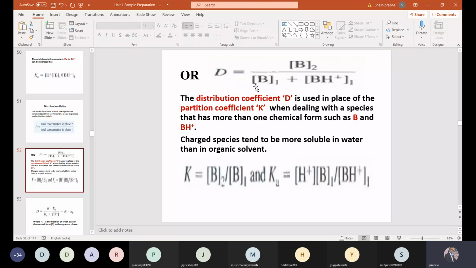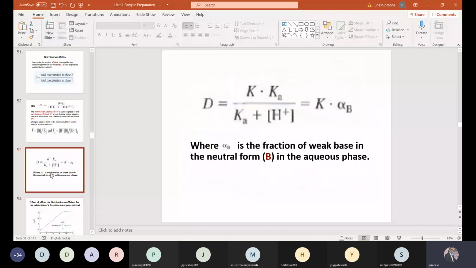In the denominator we express concentrations for all the species in the aqueous phase, whereas in the numerator we express all the species in the organic phase. So we arrived at an expression for distribution which takes into account the partition coefficient, the ionization constant of the conjugate acid of that base, and of course the H plus ions, or the pH of the medium.